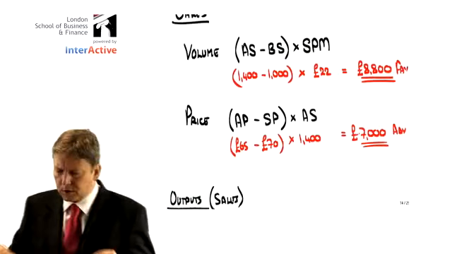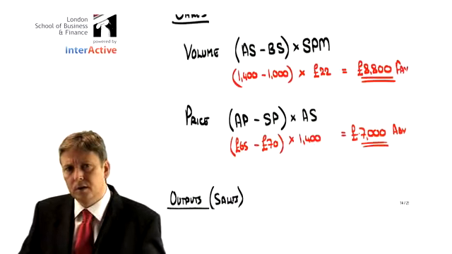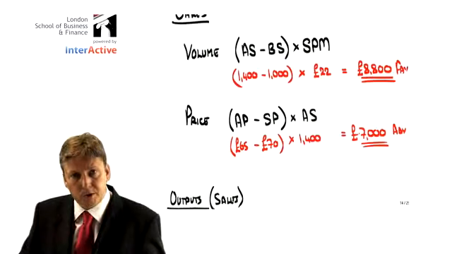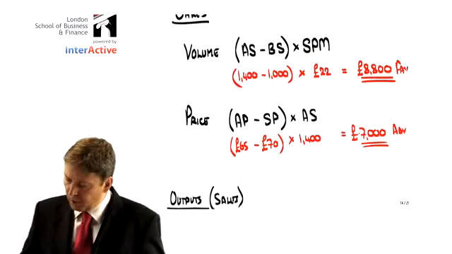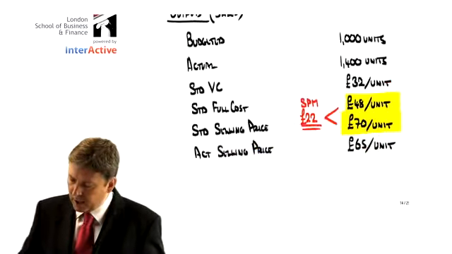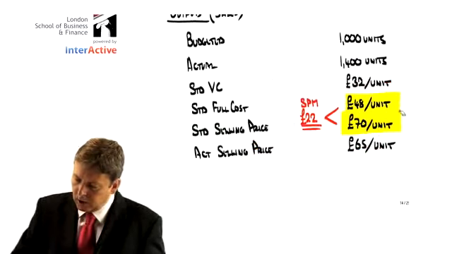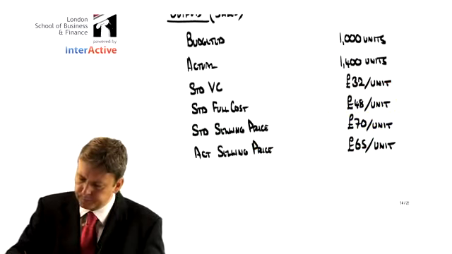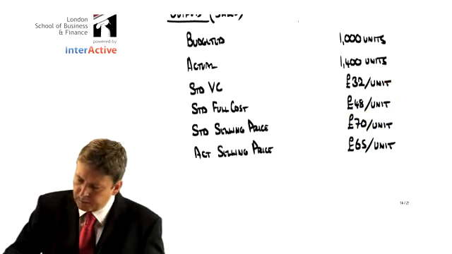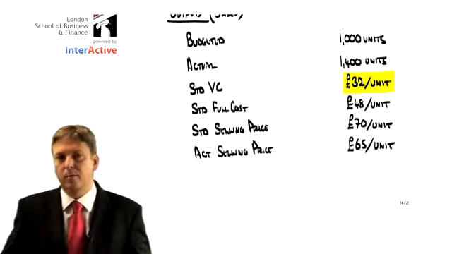So, we've looked at our sales volume variance, based on absorption costing. But some of you may have noticed that when I gave you the information, I didn't just give you the total cost. Some of you may notice that we've also talked about the standard variable cost.